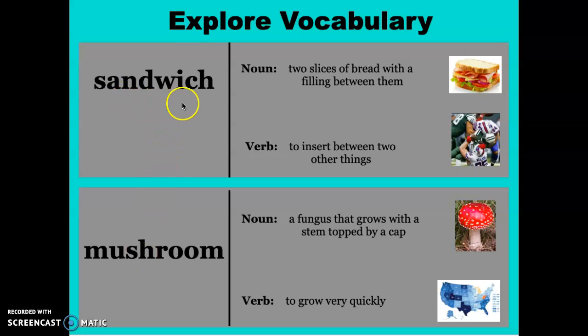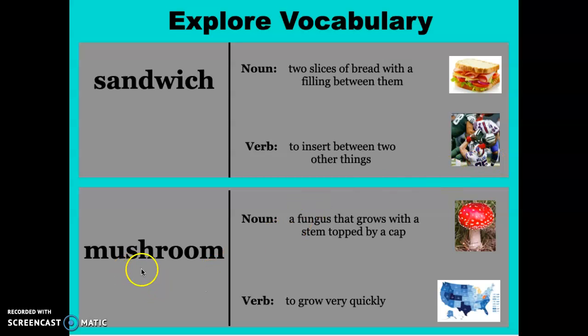The word sandwich as a noun is two slices of bread with a filling between them, like this picture here. As a verb, it is to insert between two other things. This football player here is sandwiched between the two.